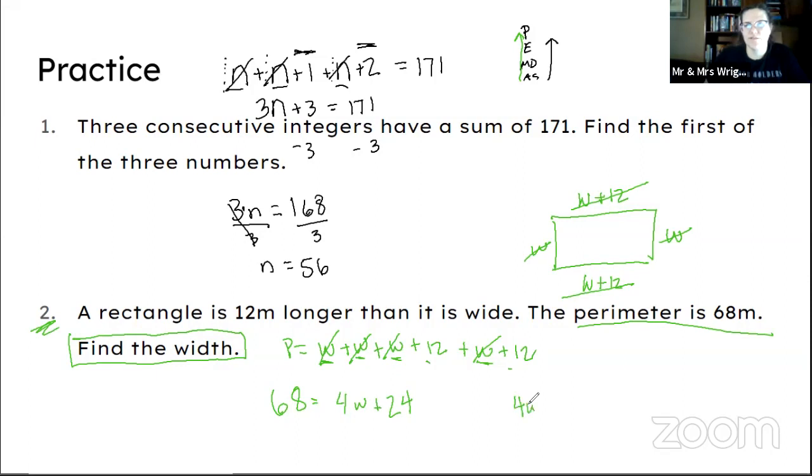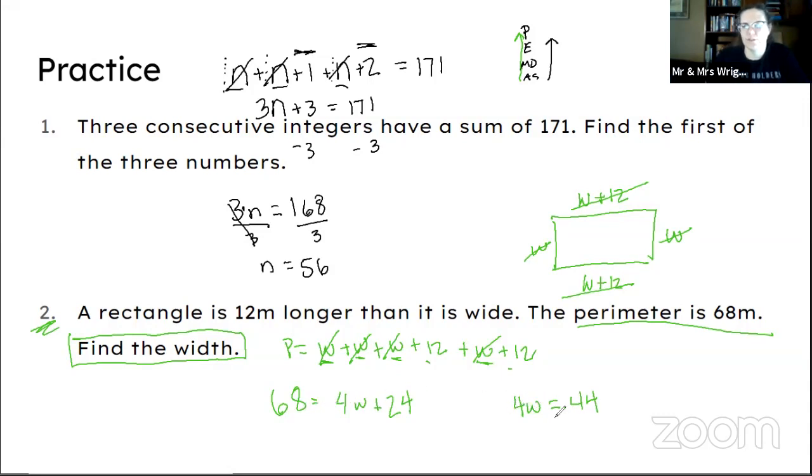So I'm going to have 4W. And it's going to be equal to 68 minus 24. 6 minus 2 is 4. 8 minus 4 is 4. And I flipped this around. As long as both of them flip around, that's fine.